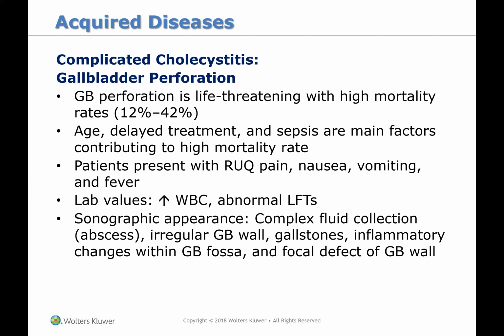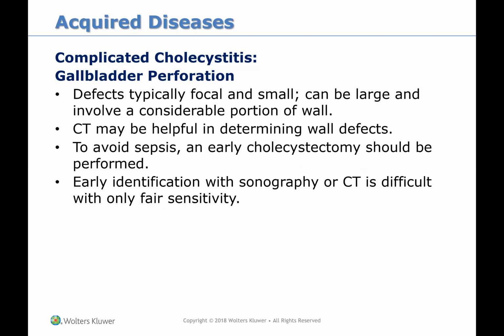Patients present with right upper quadrant pain, nausea, vomiting, fever, elevated WBC, and abnormal LFTs. So you're going to have complex fluid collection, irregular gallbladder walls, gallstones, inflammatory changes within the gallbladder fossa, and a focal defect of the gallbladder wall.